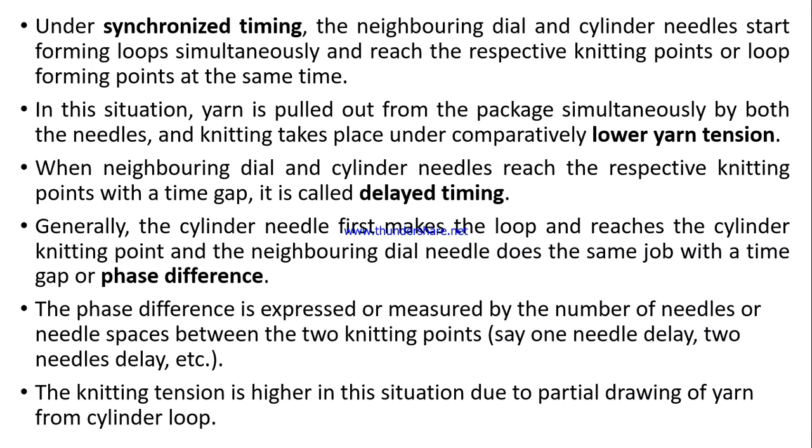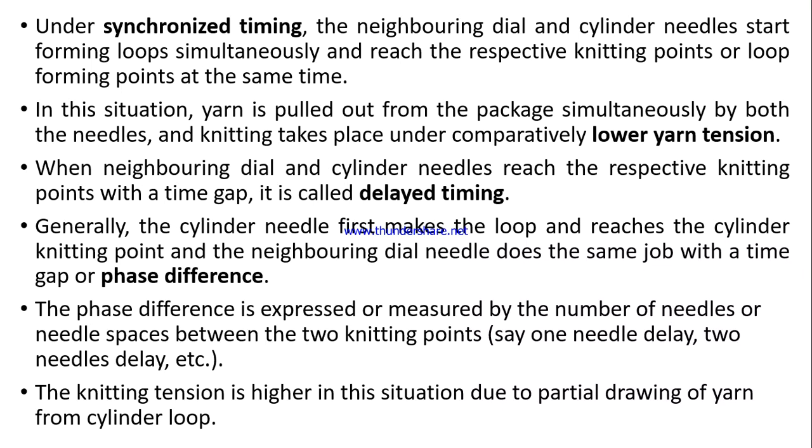Generally, the cylinder needle first makes the loop and reaches the cylinder knitting point, and the neighboring dial needle does the same job with a time gap or phase difference. The phase difference is measured by the number of needle spaces between the two knitting points, say one needle delay, two needle delay, etc.